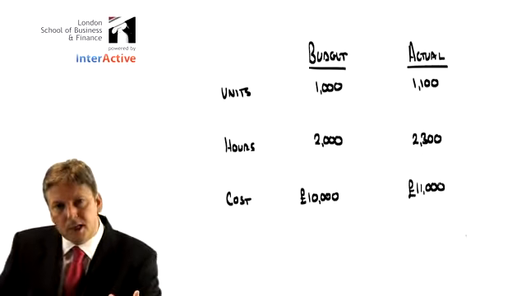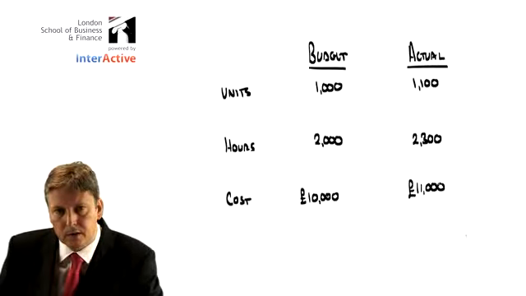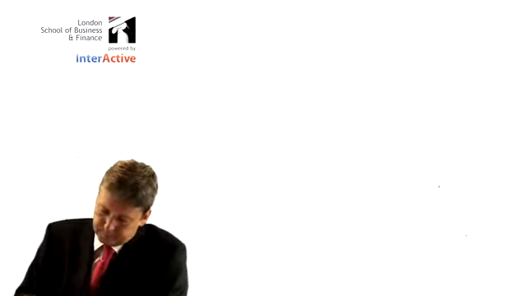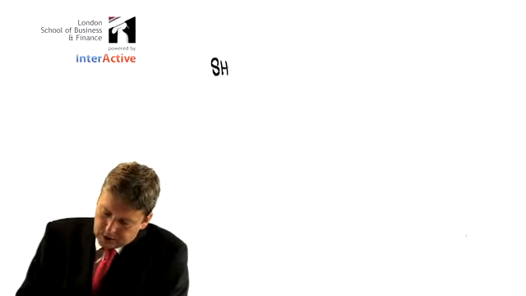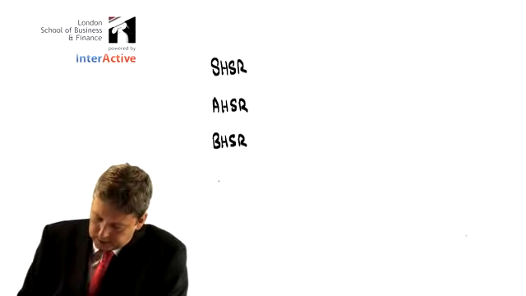From those 6 pieces of information, we can now do our fixed overhead variances. So before we do anything else, shall we get the pro forma down and see what's what? Standard hours, standard rate. Actual hours, standard rate. Budgeted hours, standard rate.